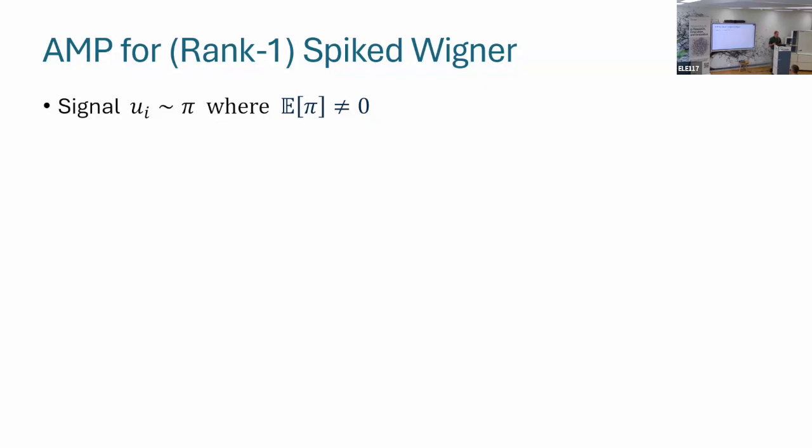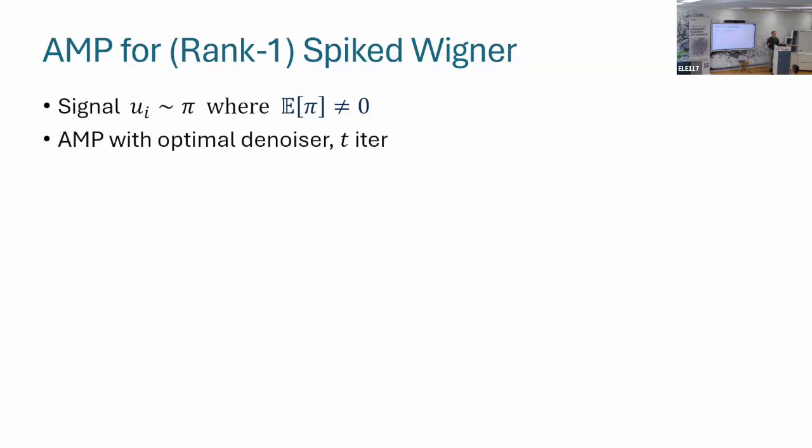This is to avoid some technical issues. Maybe you've seen that if you have a mean zero prior, then AMP needs a warm start to get off the ground. You need to do a spectral initialization or run it for a logarithmic number of iterations or something. And so this setting avoids that problem. So here AMP will be able to succeed in a constant number of iterations.